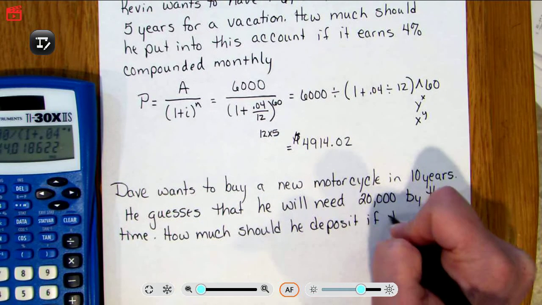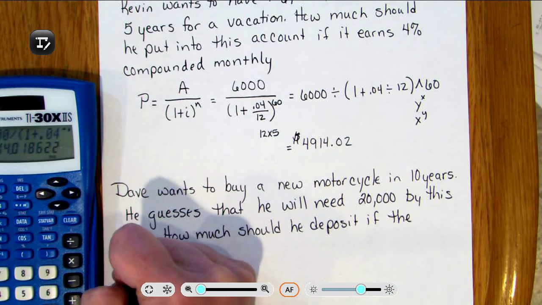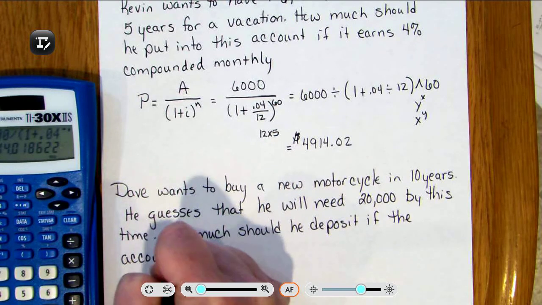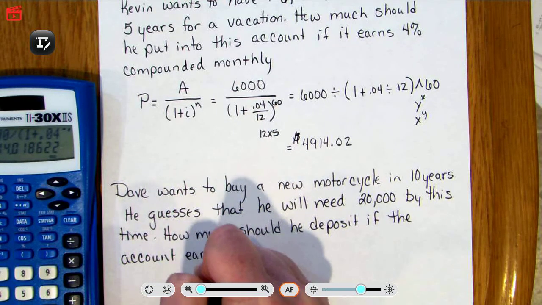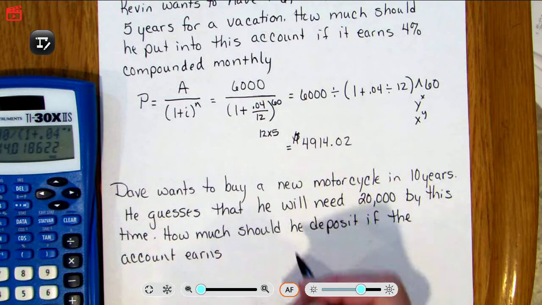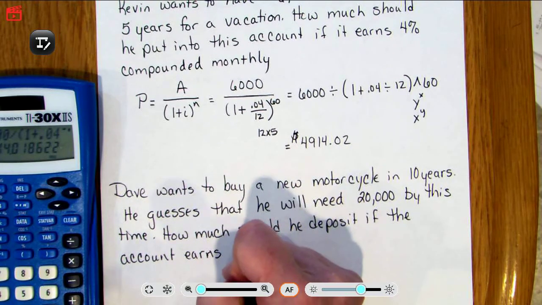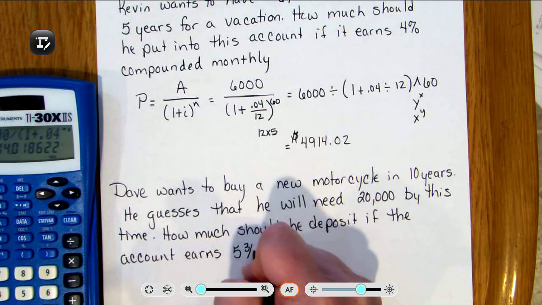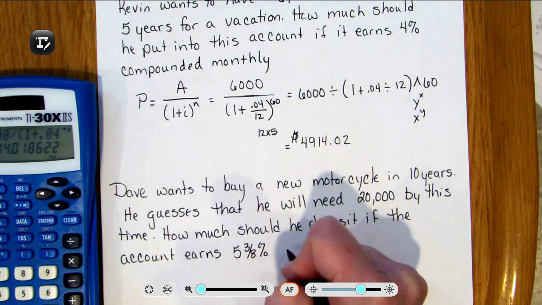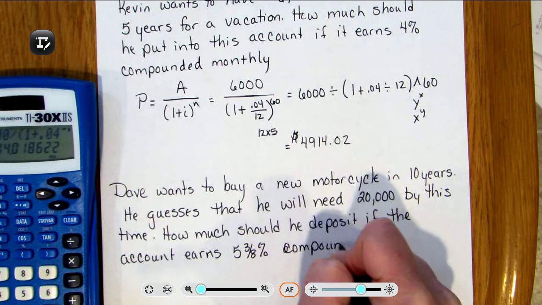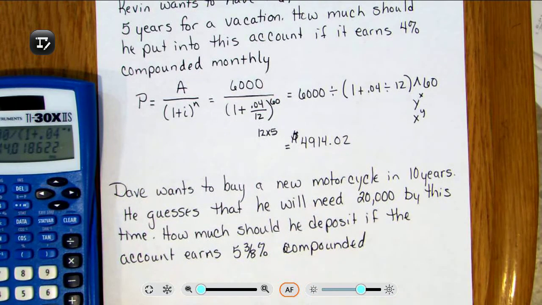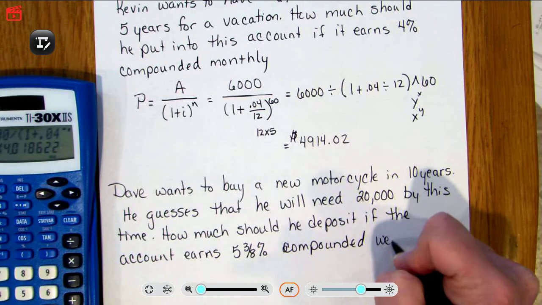If the account, and let's just go with something wild and crazy, let's say it earns 5 3/8% compounded, oh, let's go weekly.